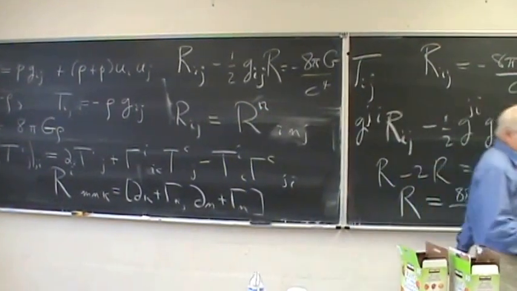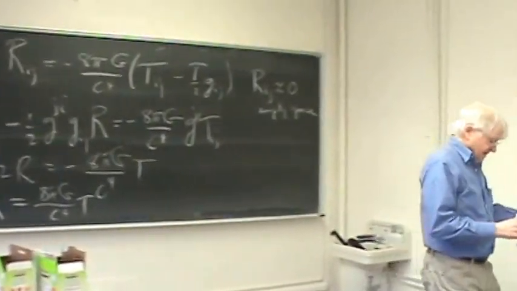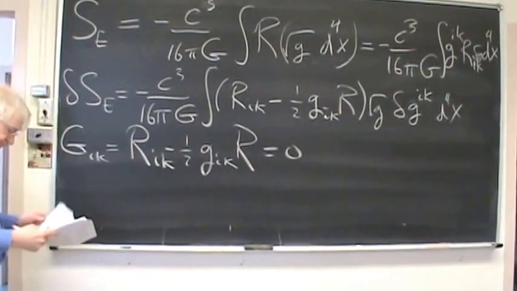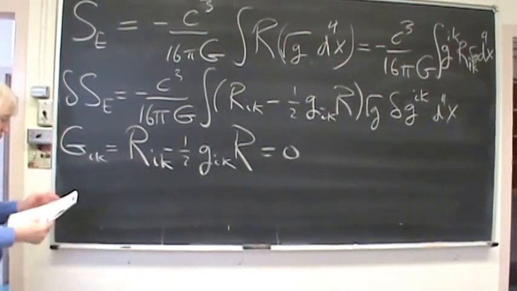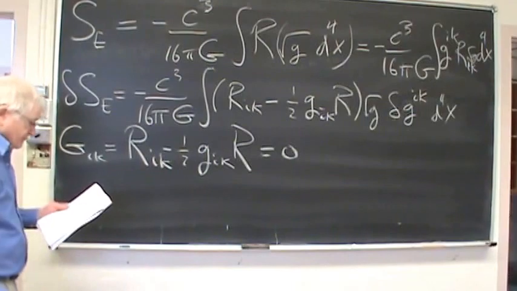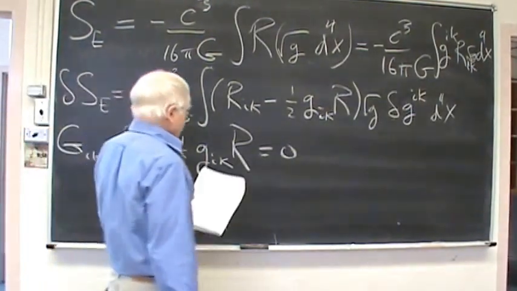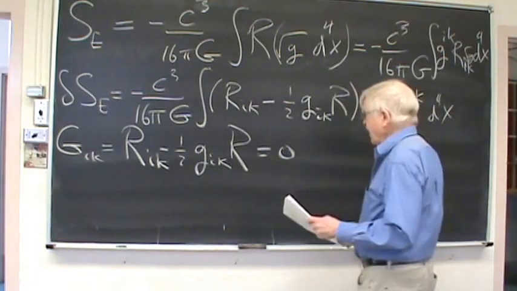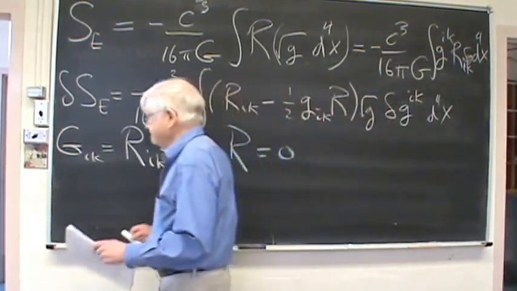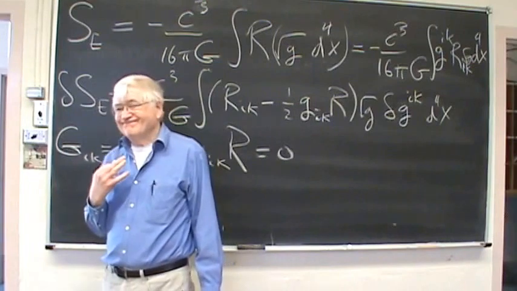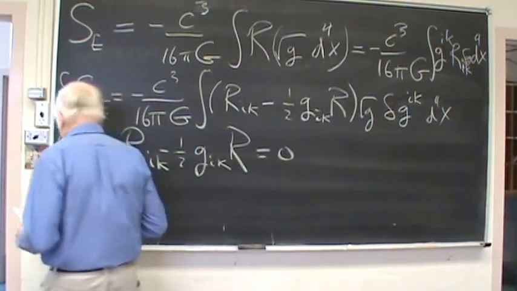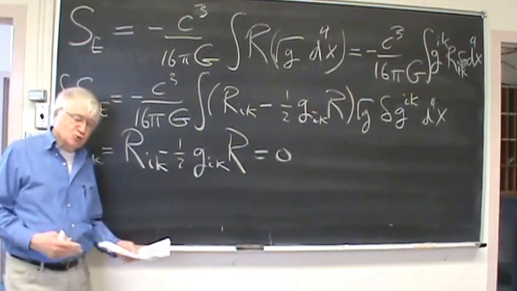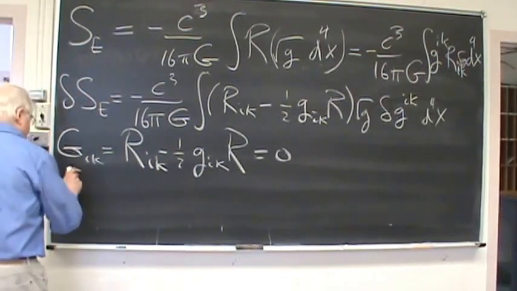Okay. So the way we fix that is we put in a conventional action for matter, and the conventional action for matter is defined such that, in other words, if you write a field theory with matter, you make sure that you satisfy this equation.